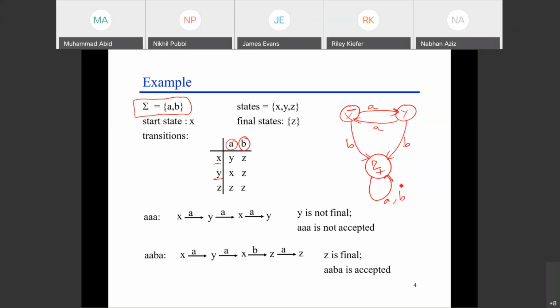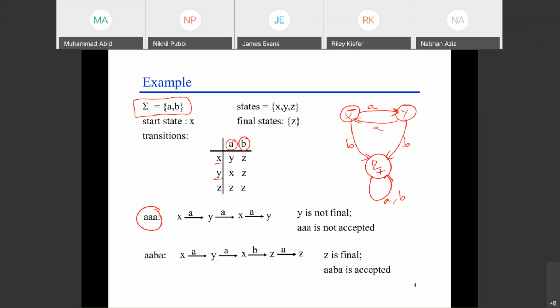Okay. So in this way, if I give you this information, you can draw the FA by looking at it. Now we can check whether a word belongs to this language or not. We always start from the start state.